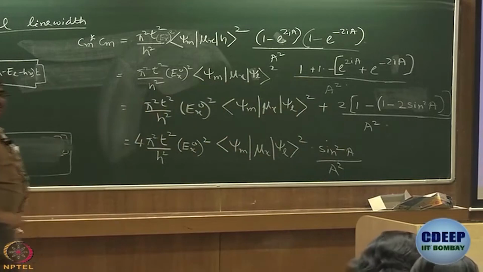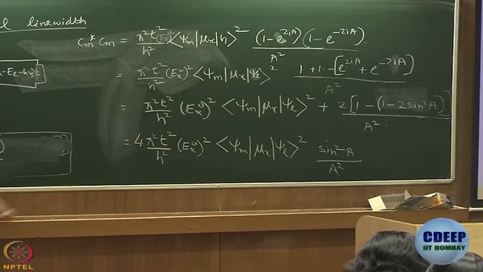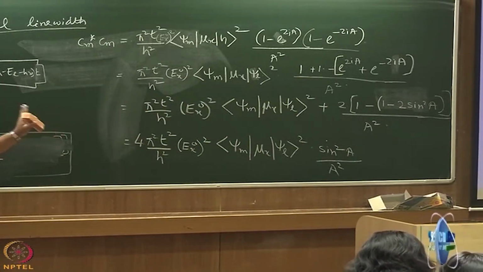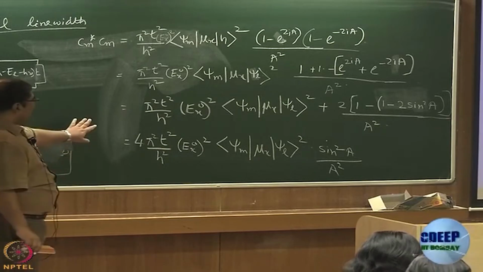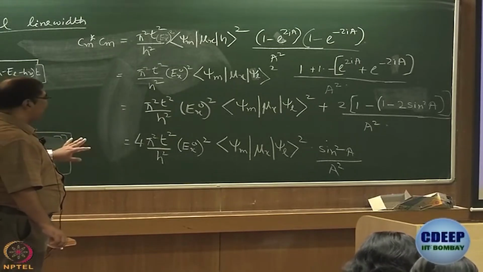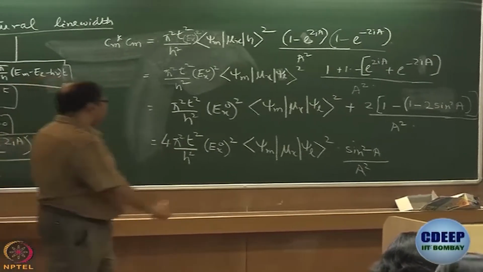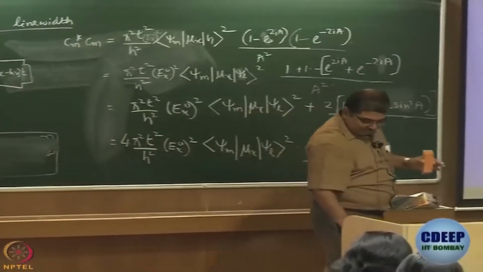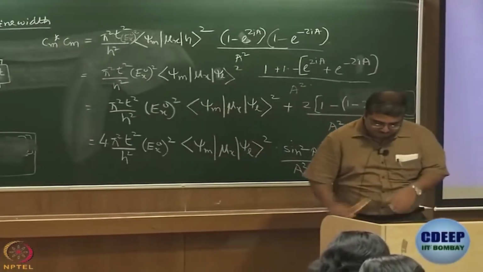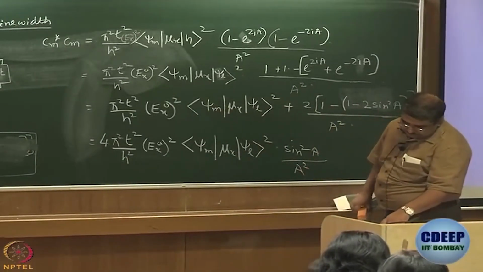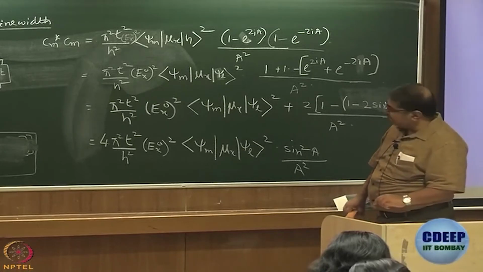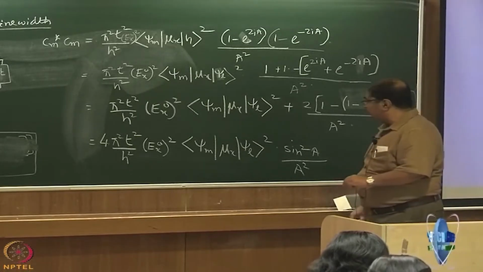Is that right? Is the expression correct? 4 pi square t square divided by h square into x0 square multiplied by transition moment integral, sin square a by sin square a divided by a square.